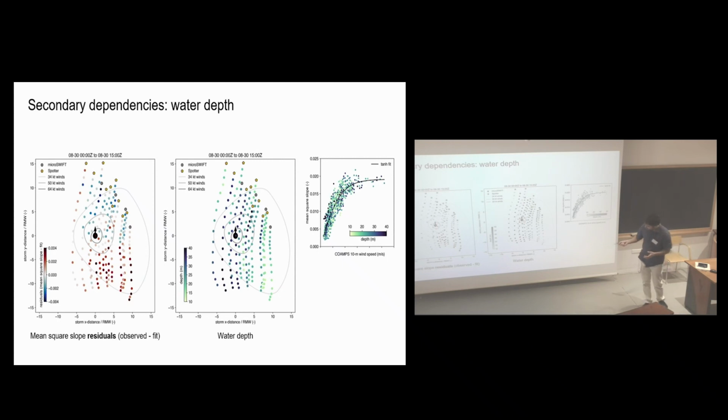Just looking between the two, looking for similar spatial patterns. There might be a little bit, right? I'm coloring the depth, so deeper waters are in dark blue, and less deep waters are in this lighter yellow-green color. And of course, we do see some of the observations over here tend to be in shallower depths where we are seeing the higher mean square slope residuals.